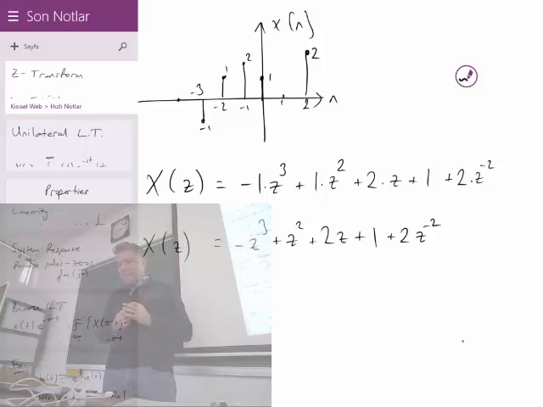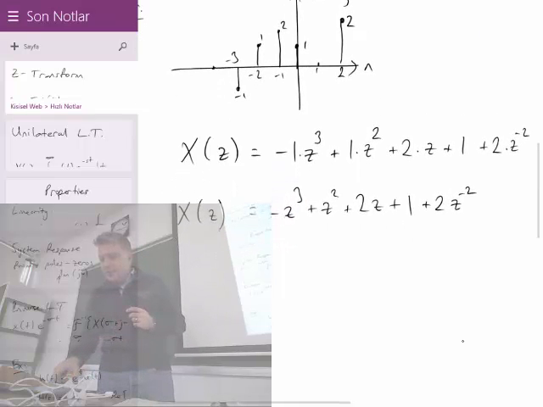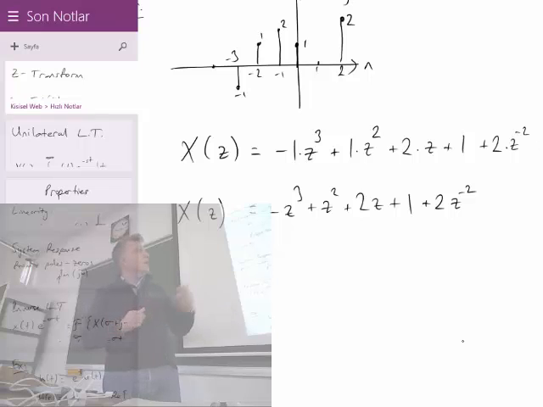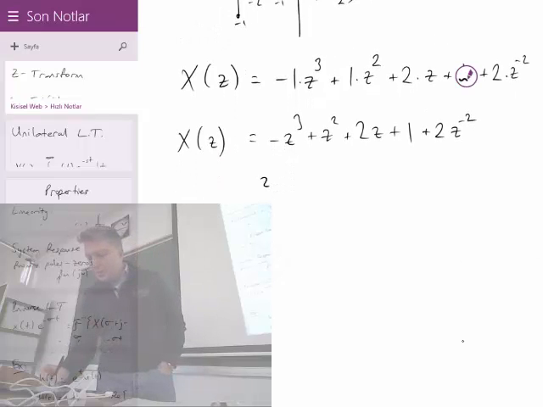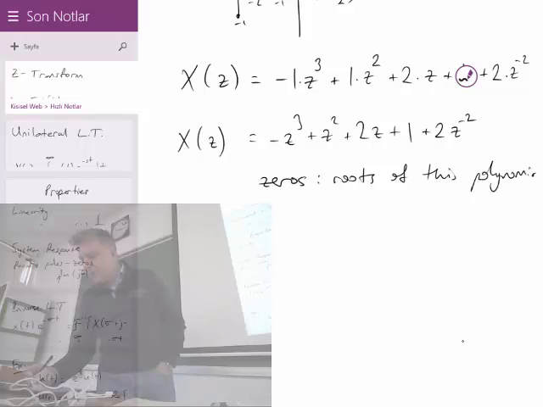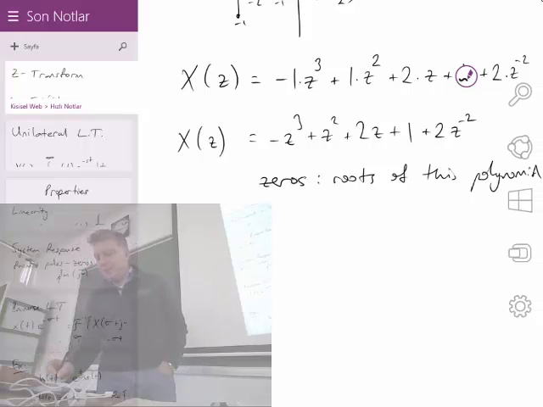By the way, if we say that our x of z is like this, we will be interested in the poles and the zeros of that. The zeros will be the roots of this polynomial. Simple.